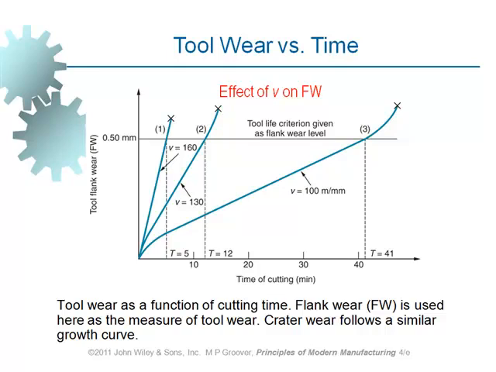For this one, where we've lowered the cutting speed from 160 to 100, the cutting tool lasts for 41 minutes. So as you can see, it's the cutting speed which plays the most important role in deciding the life of the cutting tool.